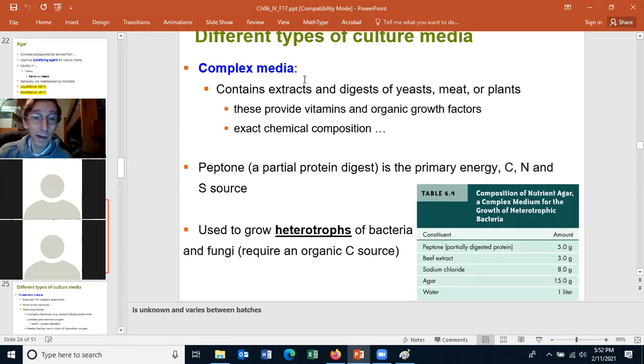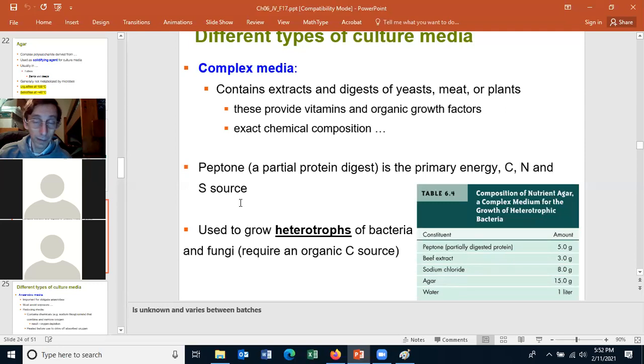Any question about complex media? We do not know what all the molecules are, because when we add beef extract, you're adding a ton of molecules that were in the cow. The beef extract and the peptone are the primary energy source, as well as supplying the carbon, the nitrogen, and the sulfur.